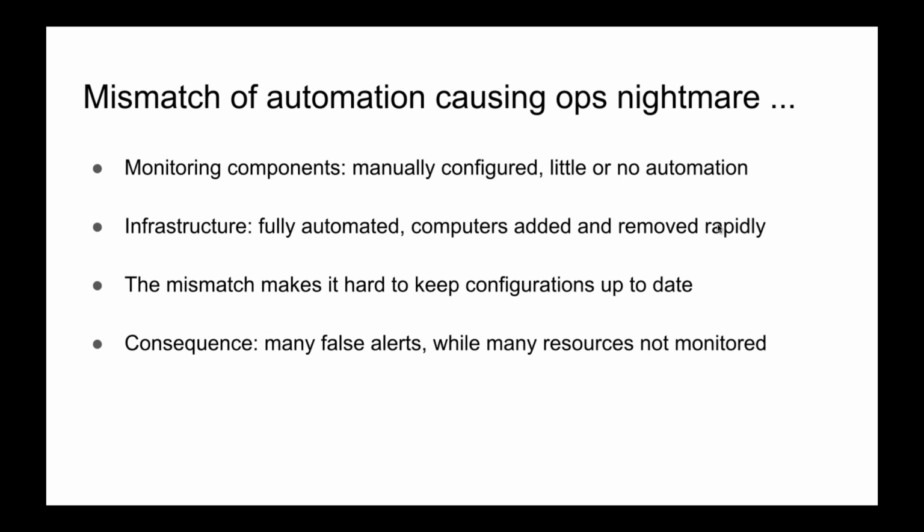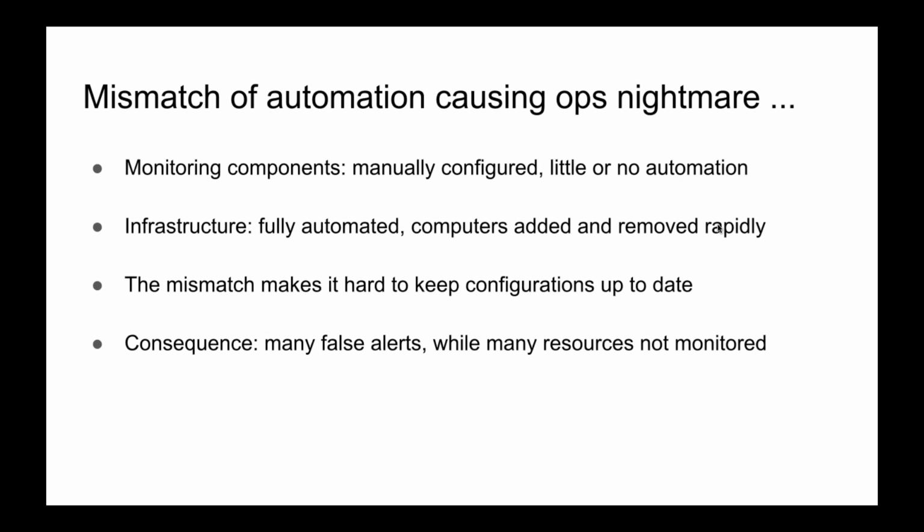Then there's a consequence. We are seeing many false alerts because some machines no longer exist. They're already terminated, but the monitoring components are not updated yet. They're still trying to check these terminated instances. At the same time, there are many new resources added into the system quickly, but the monitoring components are not updated to monitor those new resources.